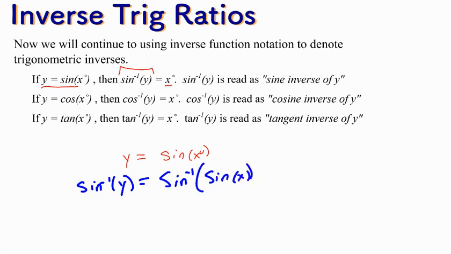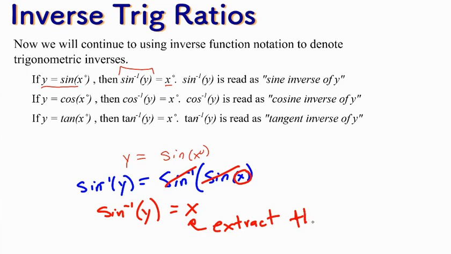And what happens is sine and sine inverse cancel each other out. So we simply get sine inverse of y is equal to the argument, which is x. Basically, we've extracted the angle. And now that we've extracted the angle, we can go on and plug the rest of this into our calculator.